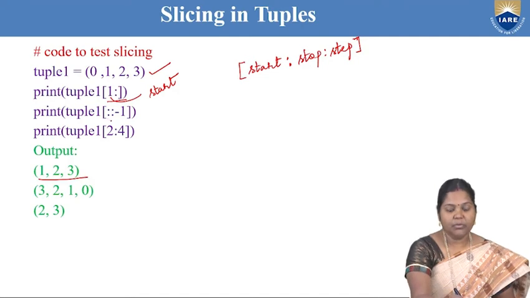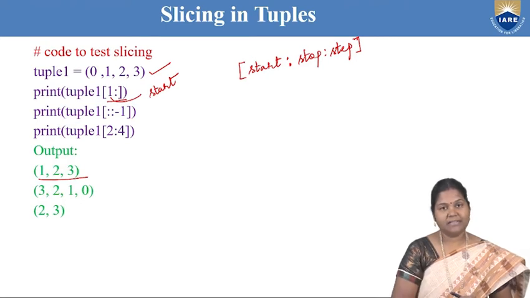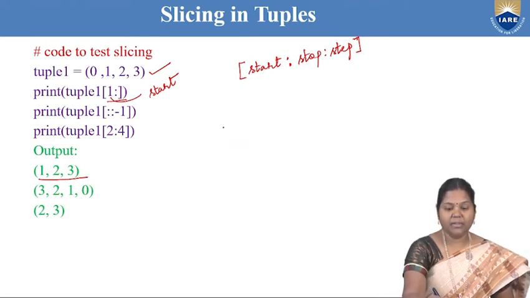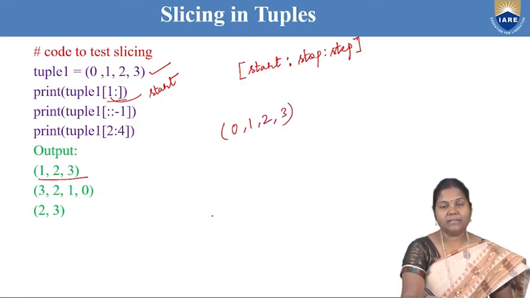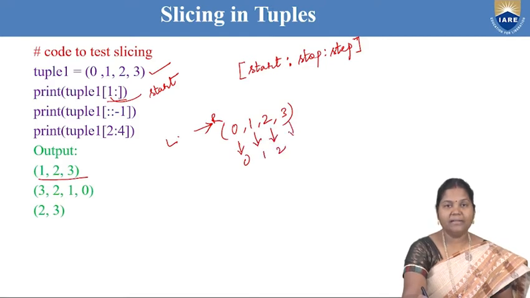Next is colon, colon, minus 1. That means start and stop are not given, but only step is given as minus 1. You know that in a tuple also, the indexing mechanism is the same as list. If you go from left to right, the indexing is 0, 1, 2 and 3.